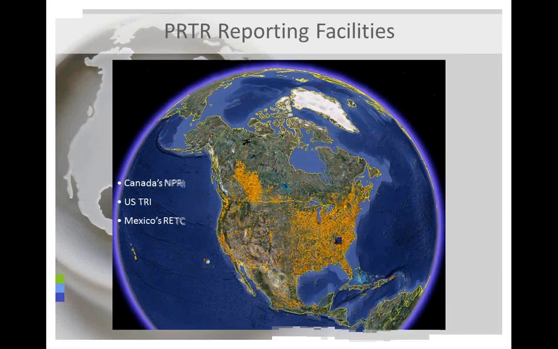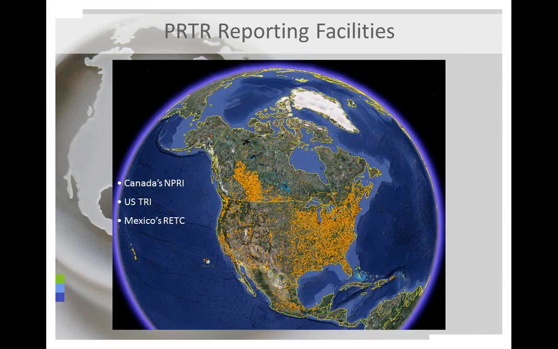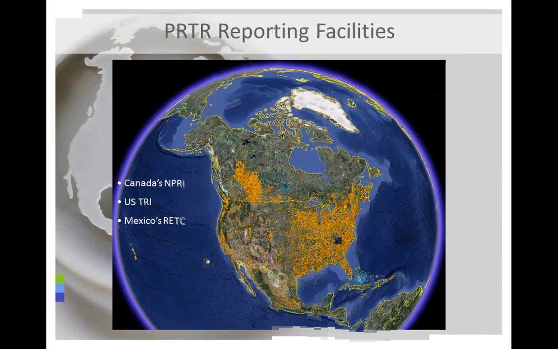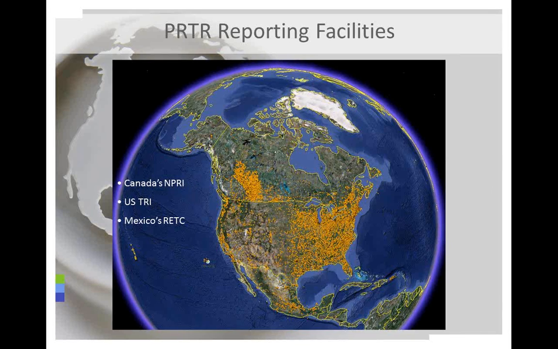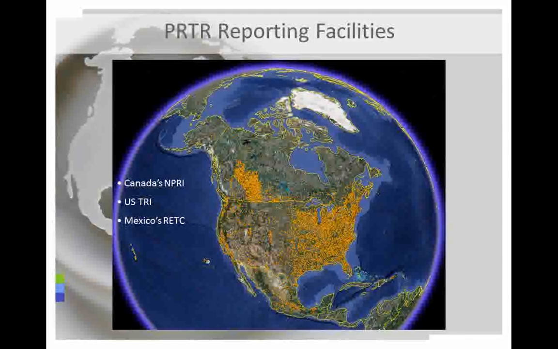Each PRTR in North America has different pollutant coverage and reporting requirements. So we do not have information on all toxic substances, just for those subject to PRTR reporting. The Taking Stock Online PRTR data features multi-year data covering more than 500 pollutants.